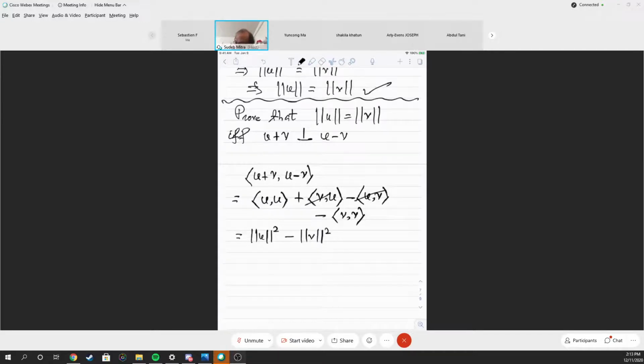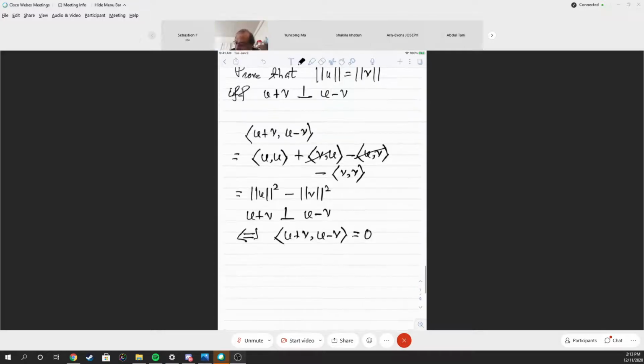So U plus V is perpendicular to U minus V if and only if inner product U plus V, U minus V is 0, if and only if norm U squared minus norm V squared is 0, if and only if norm U squared is equal to norm V squared, if and only if norm U is equal to norm V.